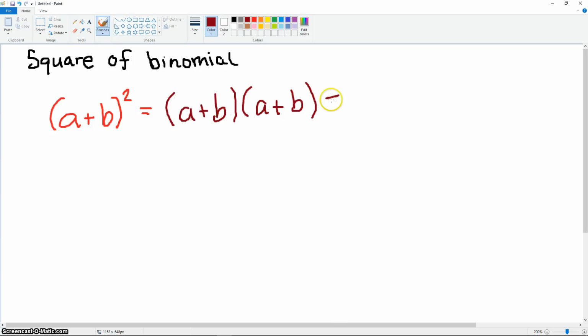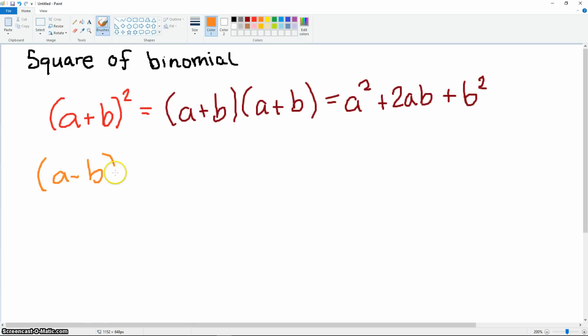And if you go through the whole FOIL process, which in this case I'm not going to go through, I'll just show you the pattern. It is a squared plus 2ab plus b squared. Then the next one is a minus b squared, and that pattern expands to be a squared minus 2ab plus b squared.